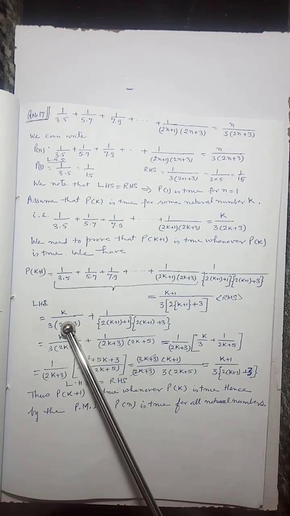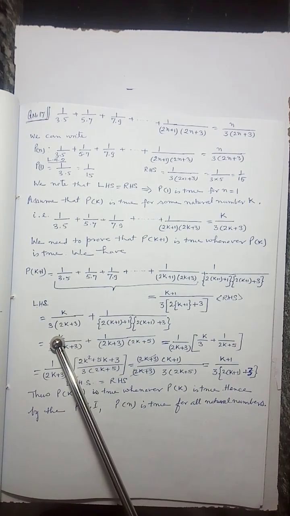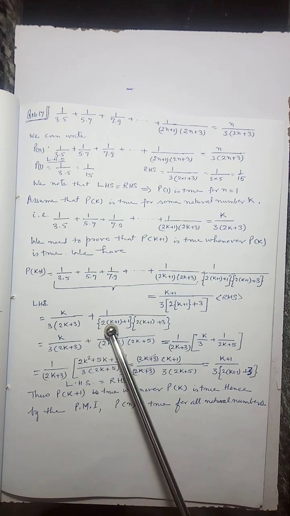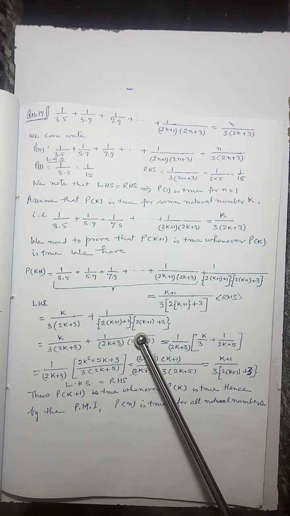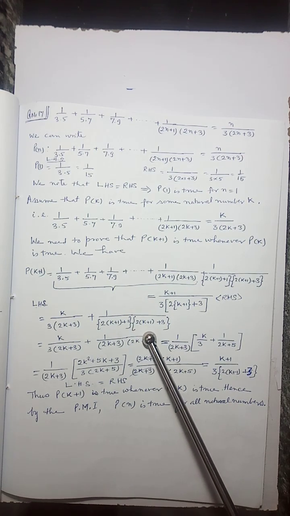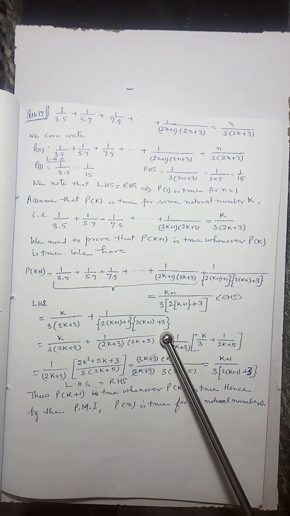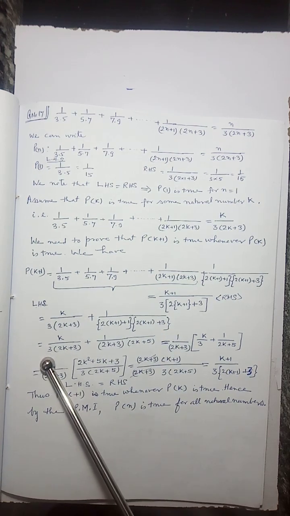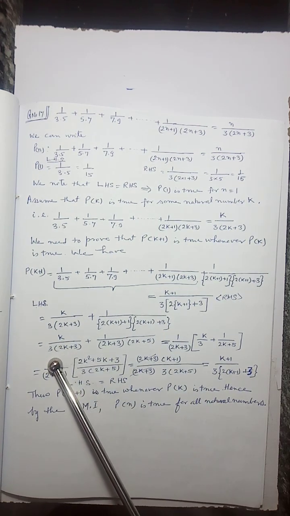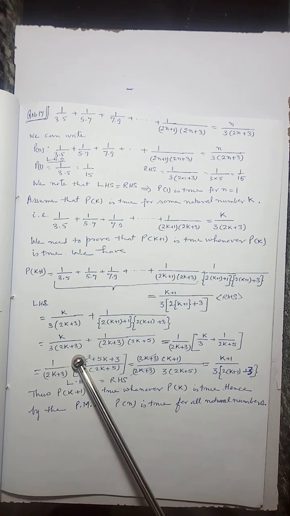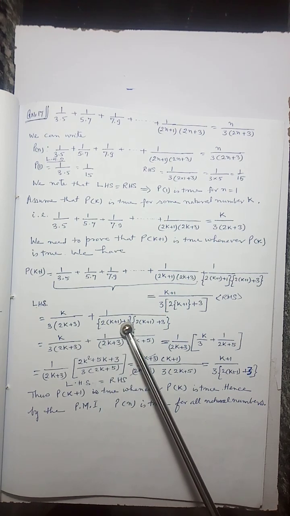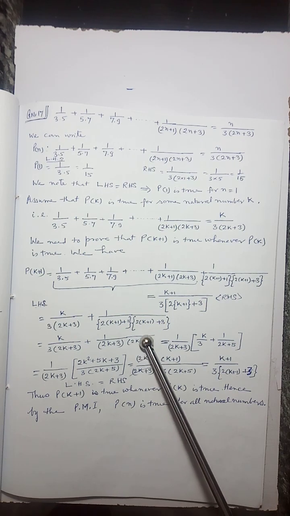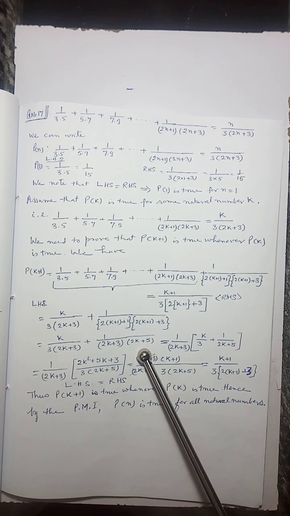Here I have written it, k upon 3 2k plus 3 plus 1 upon 2k plus 1 plus 1 in the second bracket 2 into k plus 1 plus 3 bracket closed, that will be equal to k upon 3 2k plus 3 plus 1 upon 2k plus 3. You solve it, you will get 2k plus 3. Here you will get 2k plus 5.